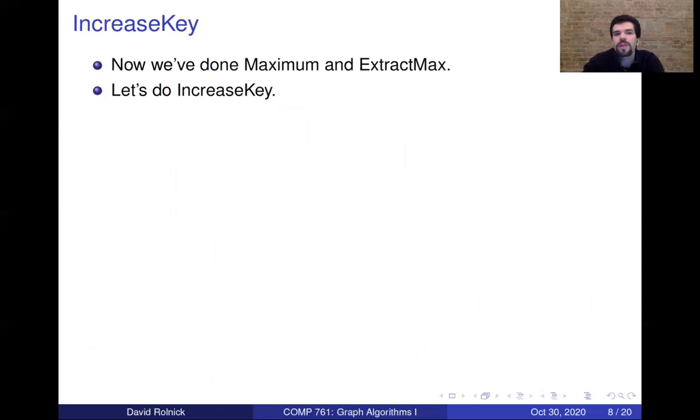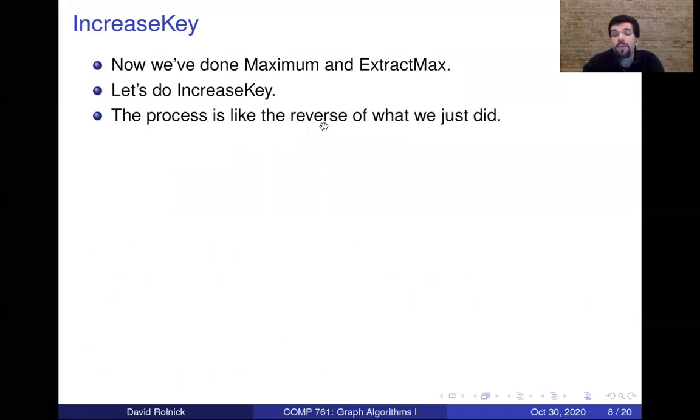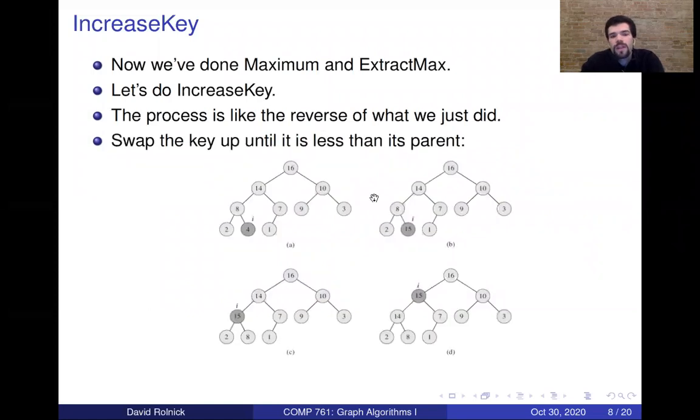Okay, so now we can try increase key. We've done maximum and extract max. Let's do increase key. This process is basically the reverse of what we did. Instead of bubbling something down, in this case we have to bubble it up.